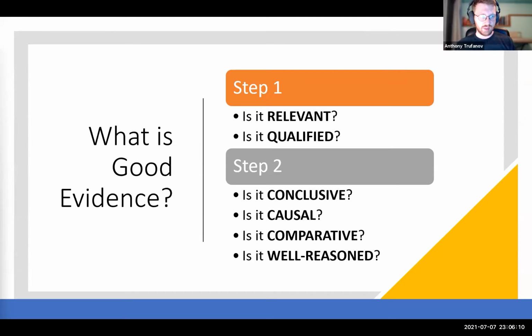A lot of times, I think that debaters get nervous questioning how well reasoned an opponent's piece of evidence is because you think you're not qualified to do that. Like, you hear a piece of evidence from someone else and they say, oh, it's this professor, and this professor is making this argument, and you're thinking, oh, they're so smart, they're a professor, so it automatically must be true.